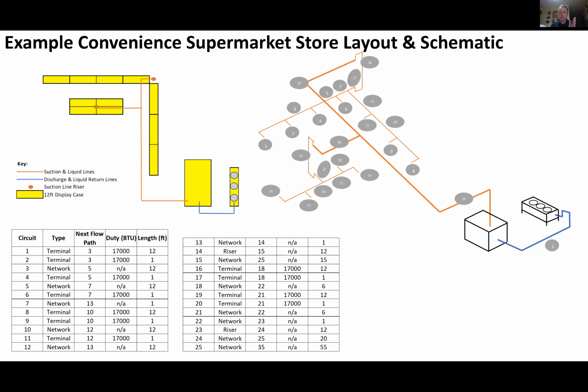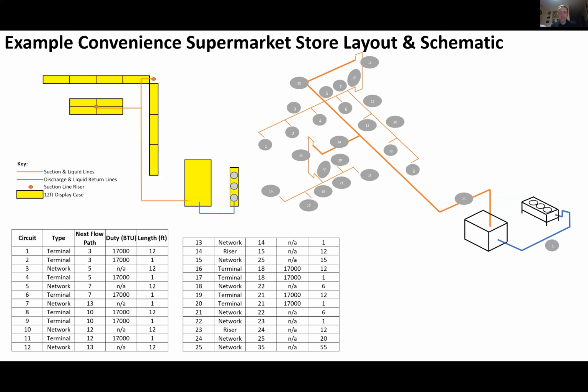And then at the end, looking at 90 degrees into the store, there are three further 12-foot display cases multiplexed. I've simply shown a rack, and to the right of the rack, a gas cooler. The key on here is the display cases, suction and liquid lines following the orange line, and the discharge and liquid return line, which is from the rack to the gas cooler. The small round annotation is just to show a suction line riser and liquid drop.